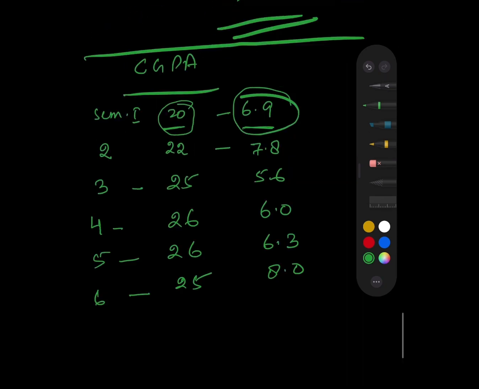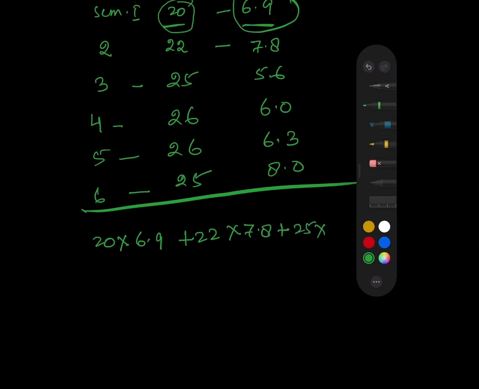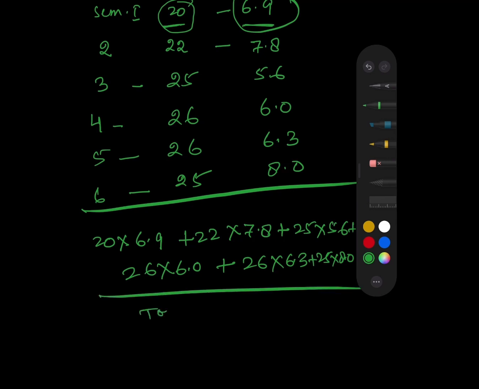Your CGPA will be 20, total number of credits in the first semester into SGPA, plus 22 into 7.8, plus 25 into 5.6, plus 26 into 6.0, plus 26 into 6.3, plus 25 into 8.0, upon the total number of credits which you studied in 6 semesters.